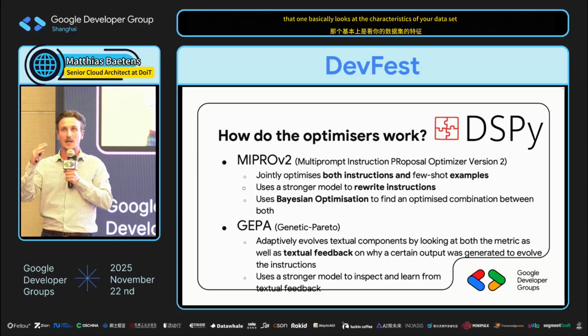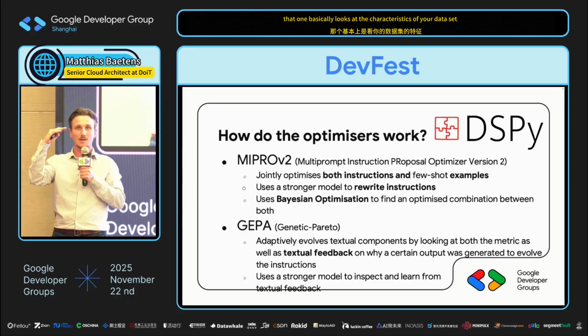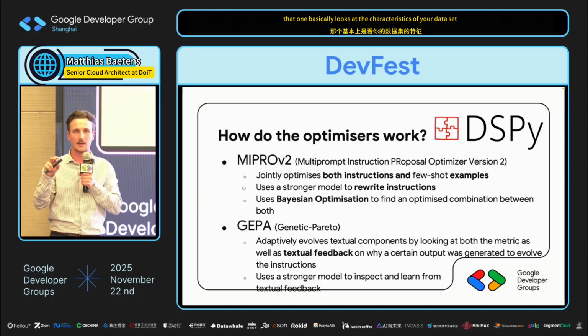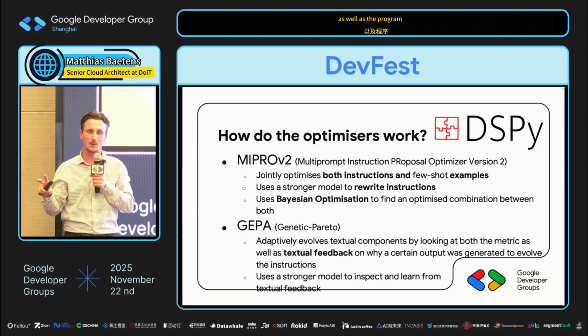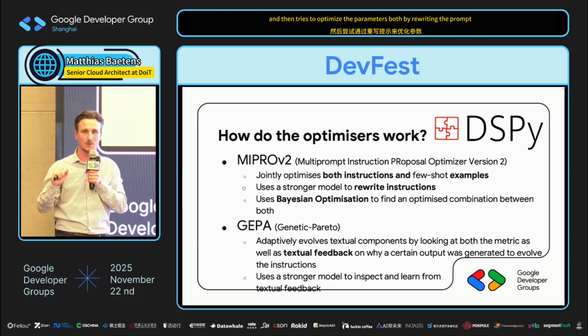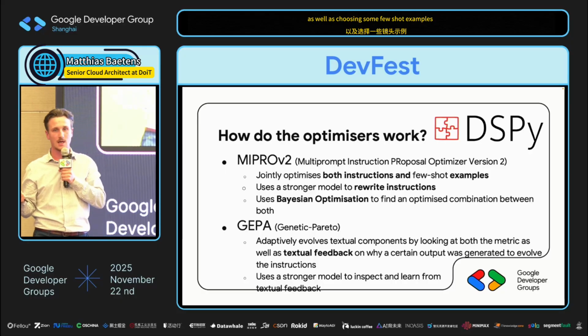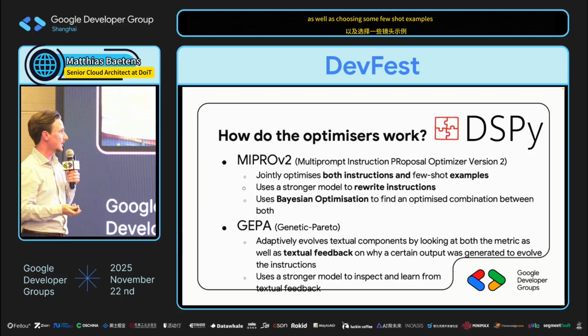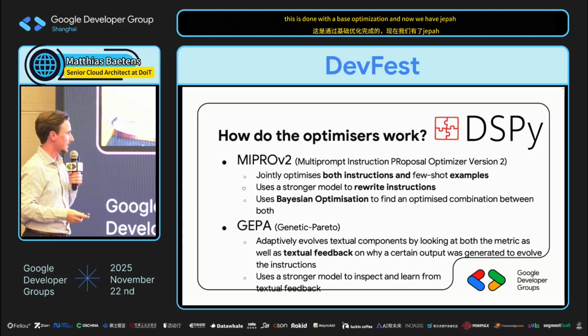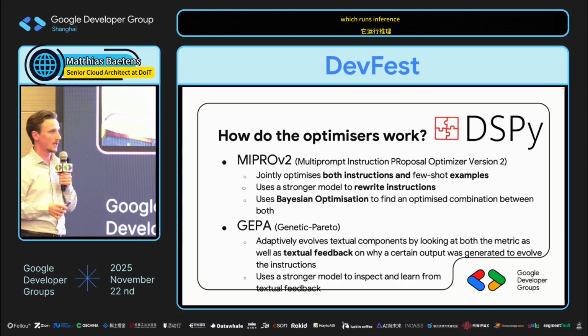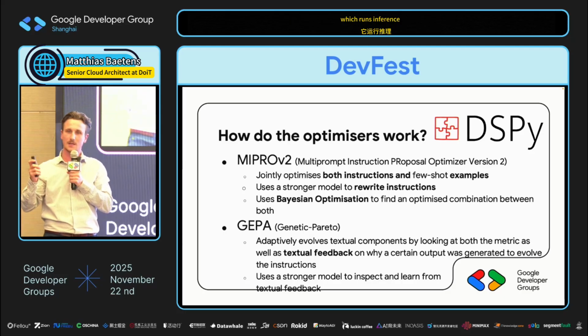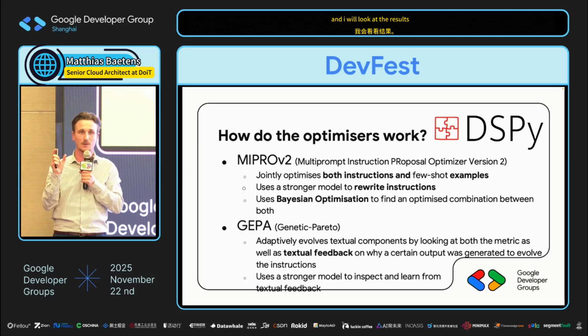There's one called MIPROv2. That one basically looks at the characteristics of your data set as well as the program you wrote, and then tries to optimize the parameters both by rewriting the prompt as well as choosing some few-shot examples. This is done with a Bayesian optimization. And then we have GEPA, which runs inference and then will look at the results.